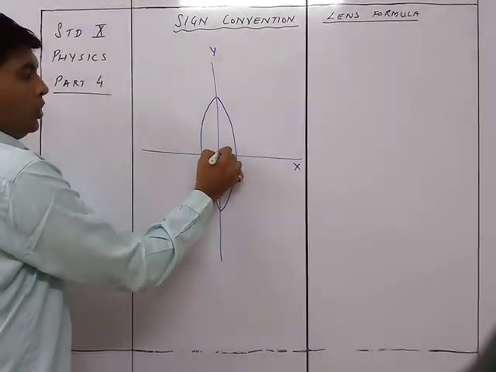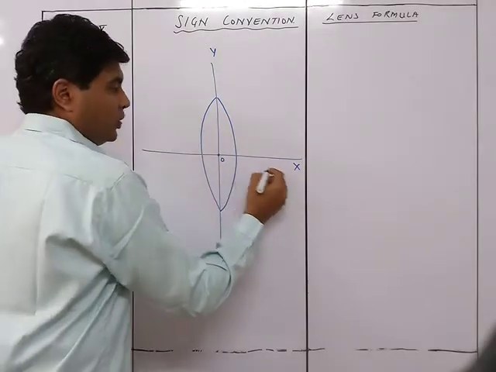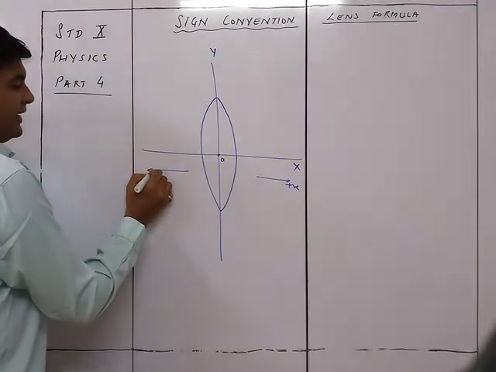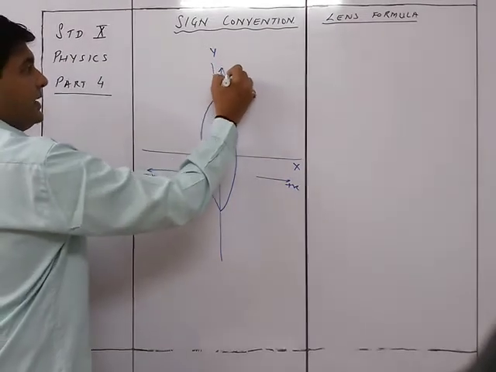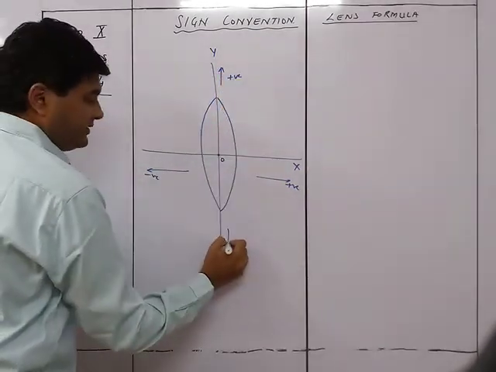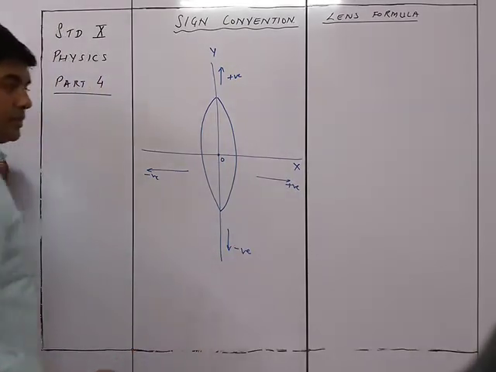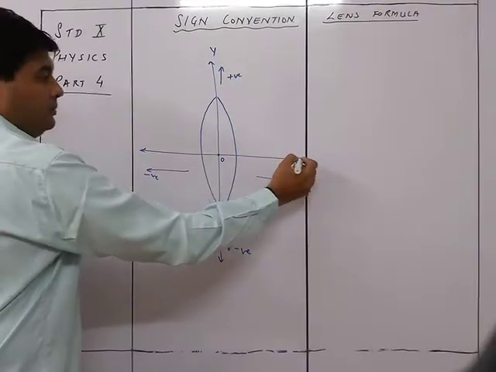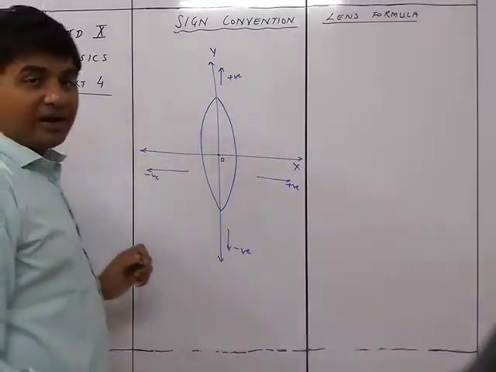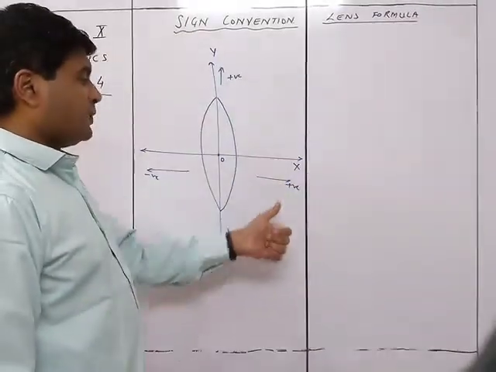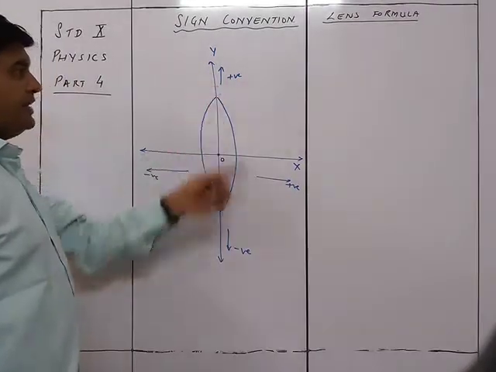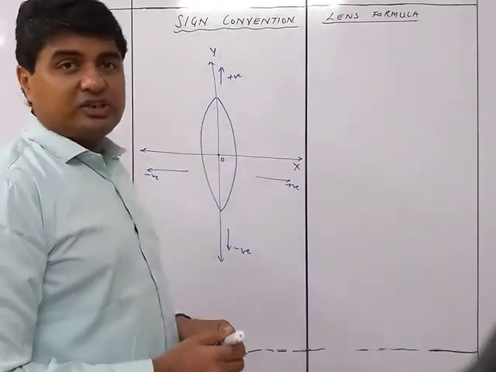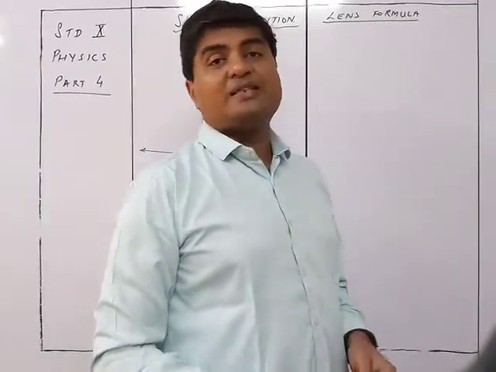So this O is the optical center. As per the coordinate system of a graph, we know that the right side is positive, left side is negative, upside is positive, lower side is negative. O is the origin, which is also the optical center of the lens.